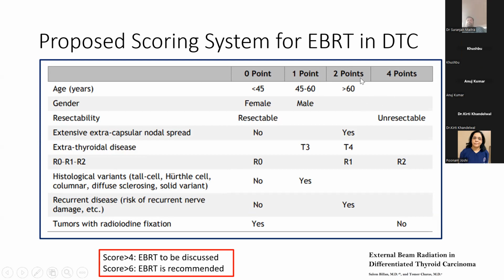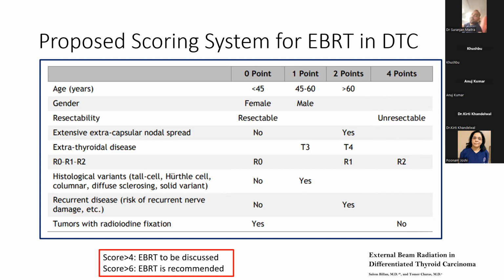So from this proposed scoring system, we can see that unresectable tumors, gross residual disease, and tumors which are radioactive iodine refractory are among the most adverse prognostic factors we consider when we talk about external beam radiation therapy. A score more than 4 was told as EBRT can be discussed, and a score more than 6, EBRT is mostly recommended.